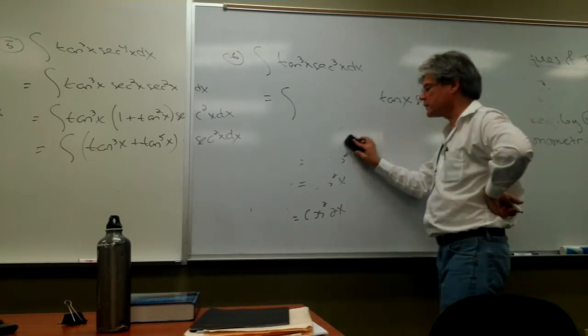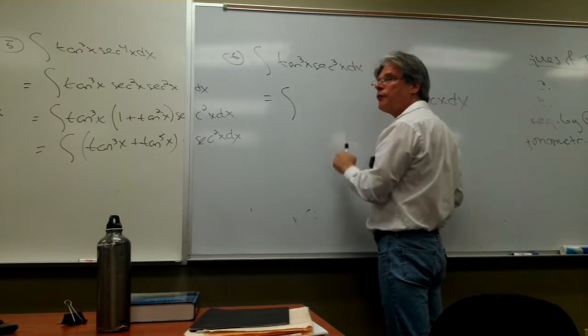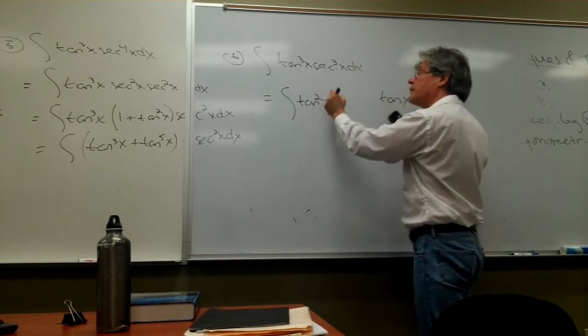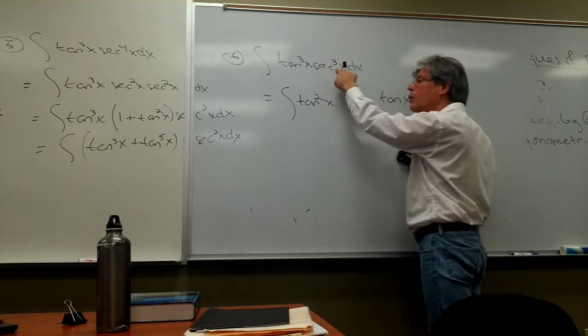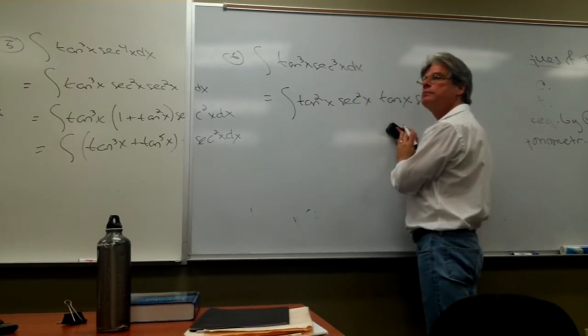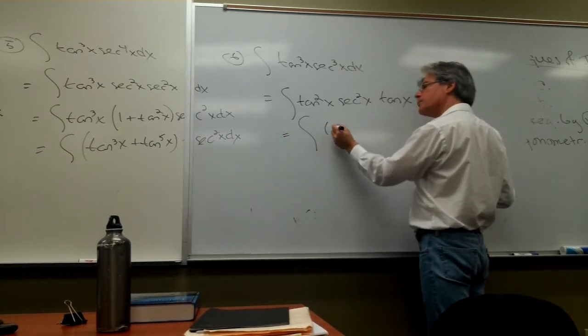Take everything else. Since tangent of x is raised to an odd power, when I shave one factor off, what's left over is an even power for the tangent of x. What remains are some powers of secant of x. I don't care how many. But I apply my Pythagorean identity again, in the other direction.